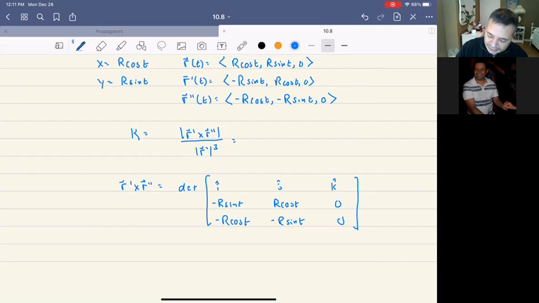And we're going to get r squared times sine squared of t plus cosine squared of t, r squared, and that's in the k direction.